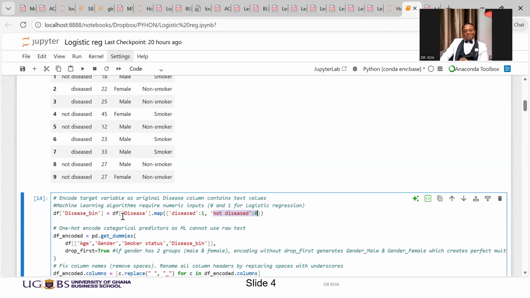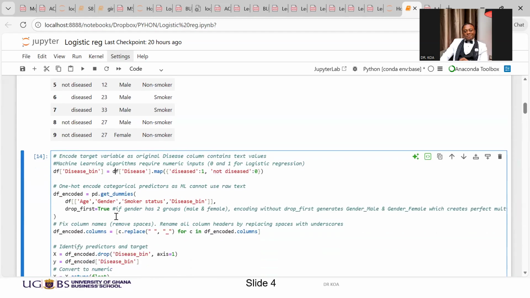The next one is to do the same thing for the categorical variables. Here I create a new data set called df_encoded. From the df data set itself, all the categorical variables, together with the target variable, the dependent variable, I'm going to recreate as a new data set called df_encoded. And this code here is very important, drop_first=True.